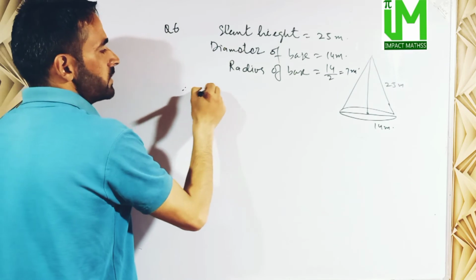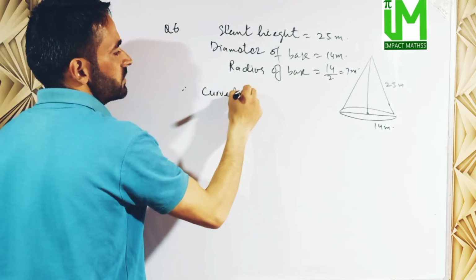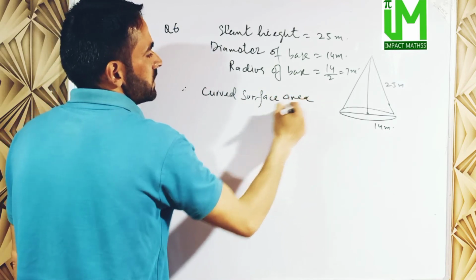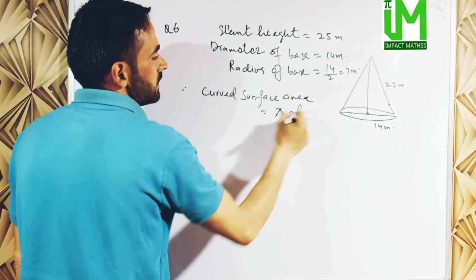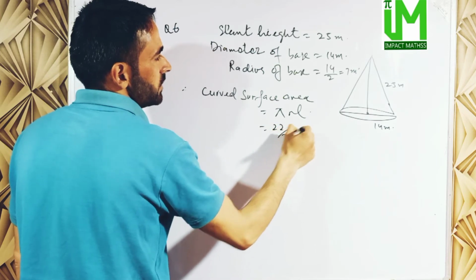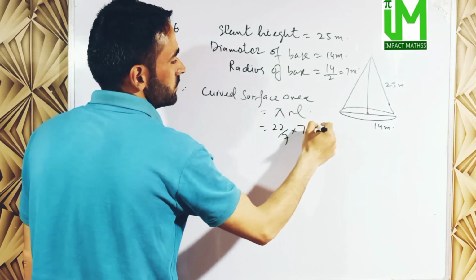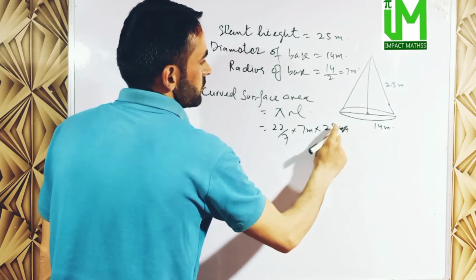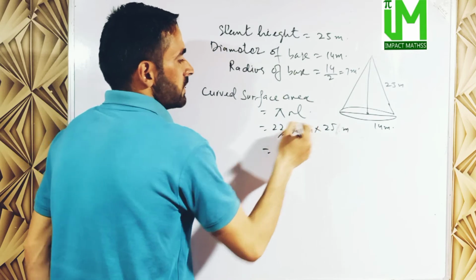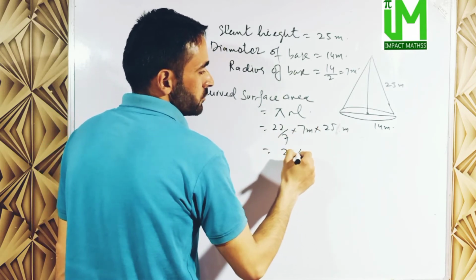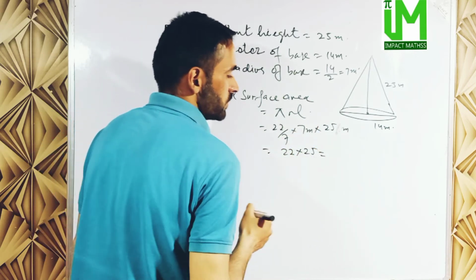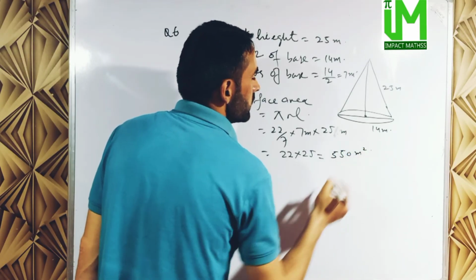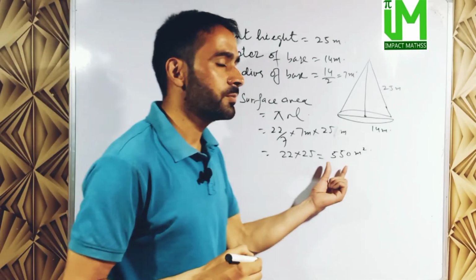So therefore curved surface area will be pi r l, that is 22 by 7 into the value of r, 7 meter, into l, which is 25 meter. So 7 and 7 will cancel out, so it will be 22 into 25, which will be 550 meter square. So the curved surface area is 550 meter square.